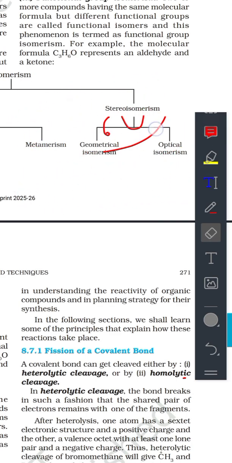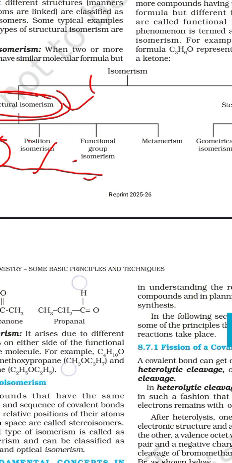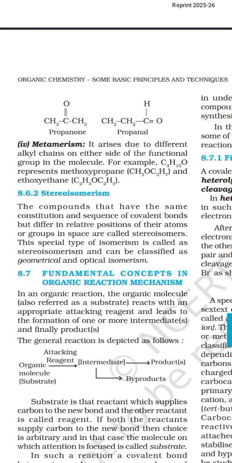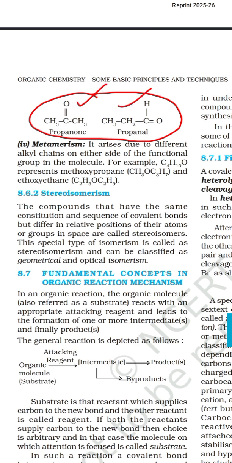Now let us go for metamerism. Here the structures given are propanal and propanone, an aldehyde and a ketone; both are functional group isomers. The next one is metamerism. Suppose we have this methyl group with oxygen here.